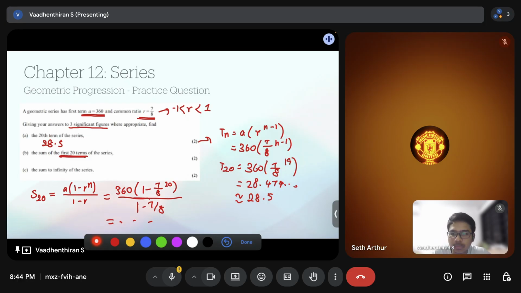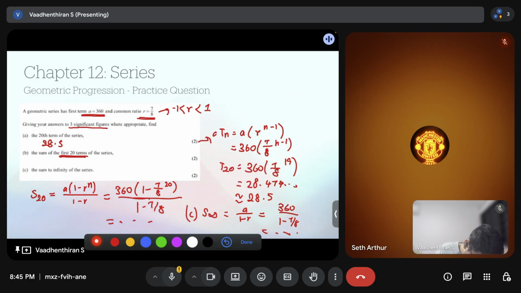Since 7 by 8 is less than 1 and greater than negative 1, there is a sum to infinity. You can find it by a over 1 minus r, which is 360 over 1 minus 7 by 8. Whatever the answer, that's for part C. So this is part A, part B, and this part C.